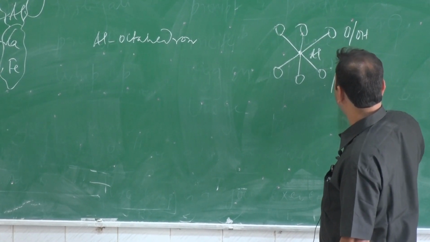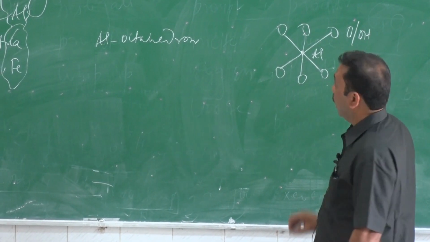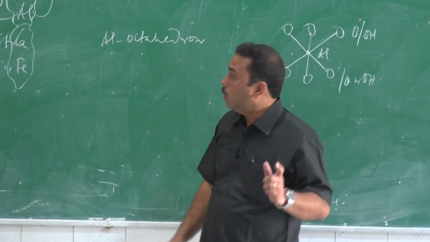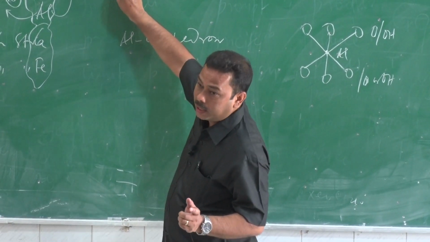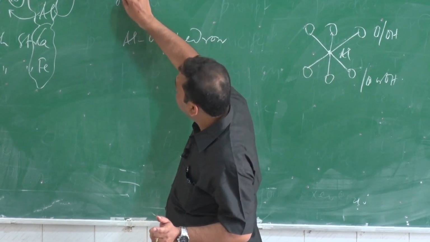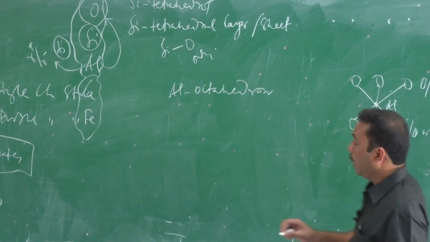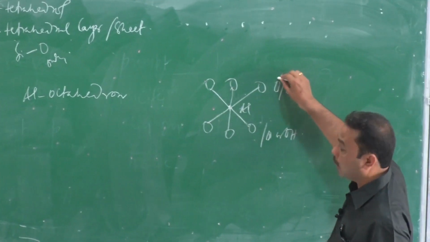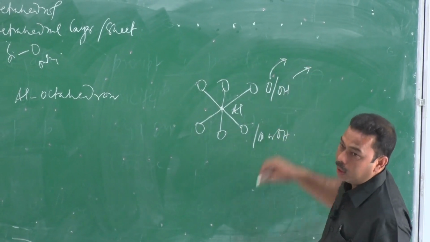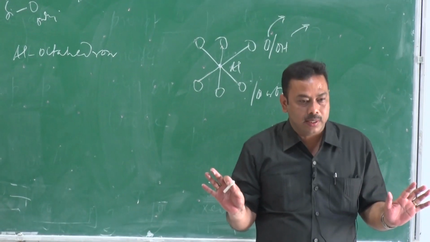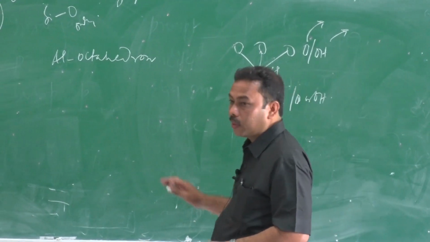This is either oxygen or hydroxyl. And another thumb rule I said, remember, always in the silica tetrahedron, silica will be linked with oxygen only, right? And in case of alumina, it could be either oxygen or it could be hydroxyl. Up to this we discussed, right? Fine.